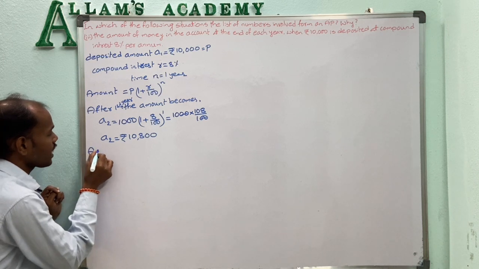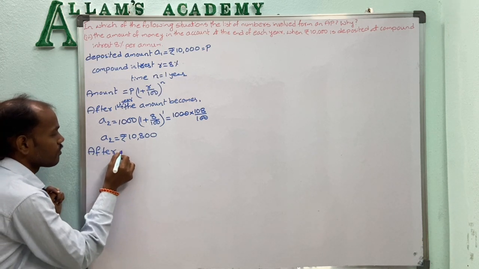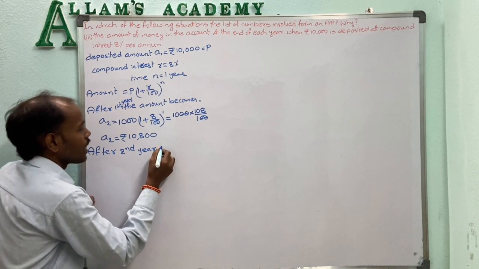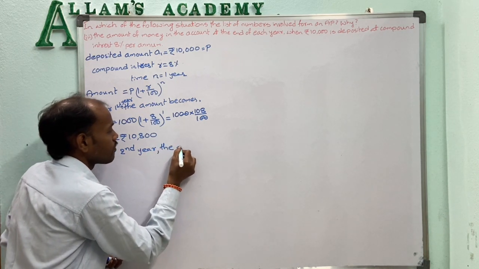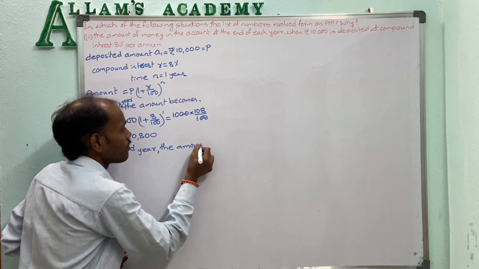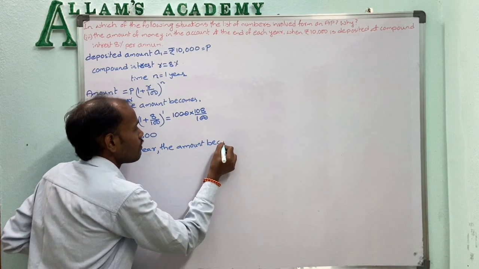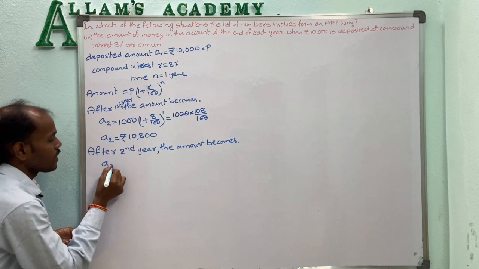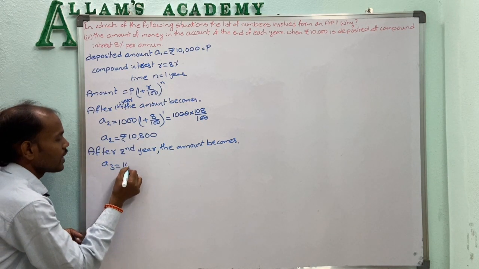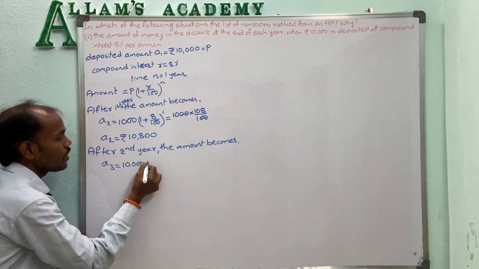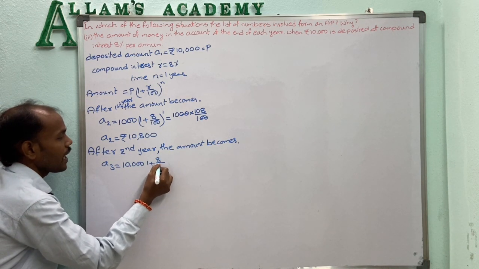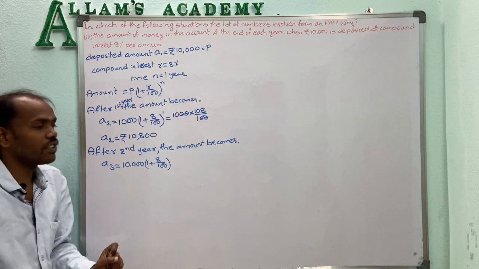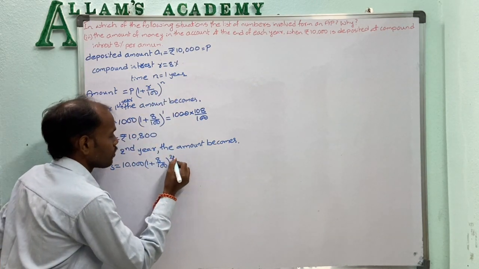So after second year the amount becomes A3 is equal to 10,000 into 1 plus 8 by 100 whole power n, where n value is equal to 2.